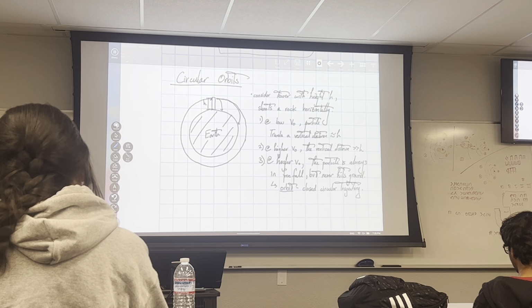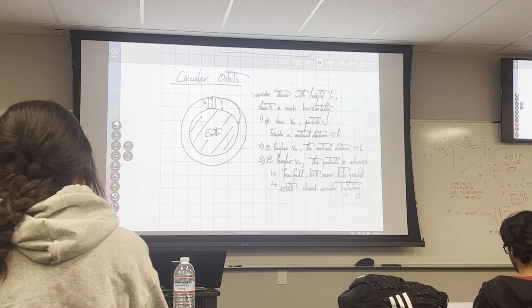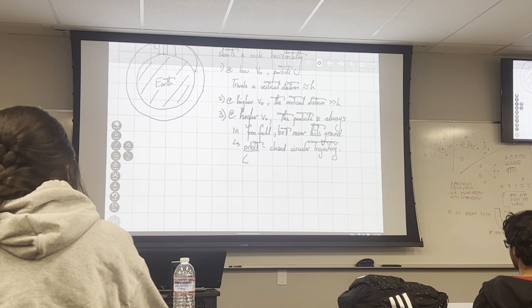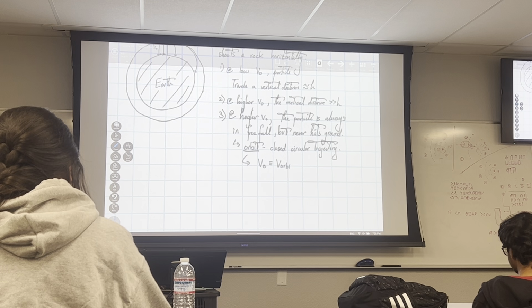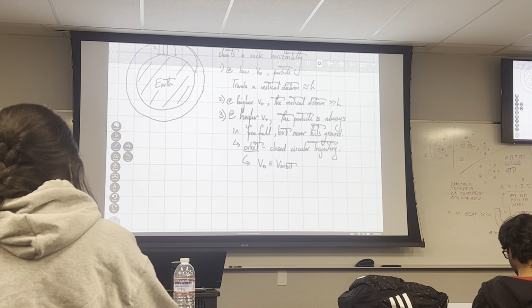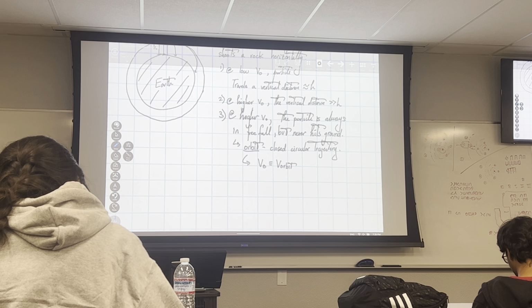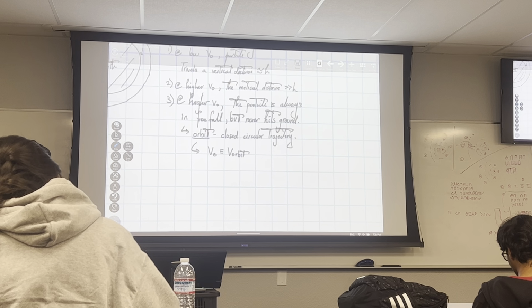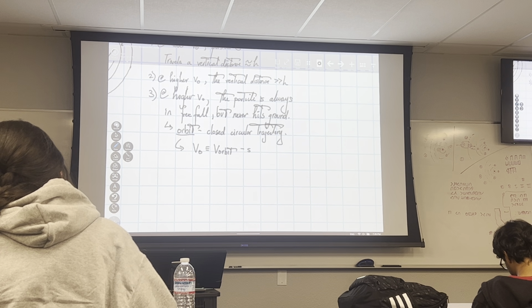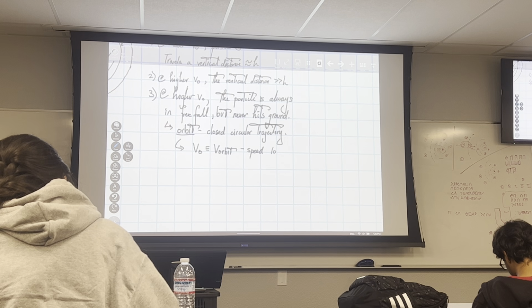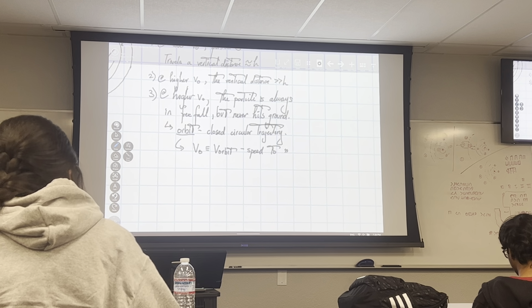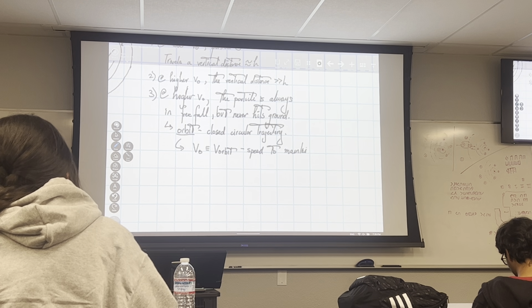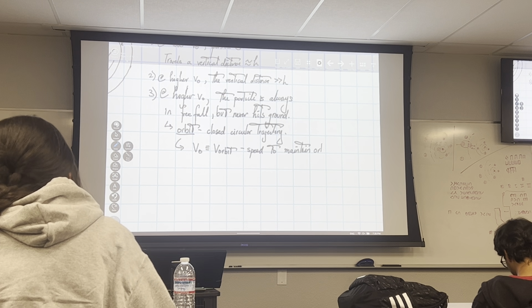There is no defined point, and that is what is called an orbit. And at this speed, the v naught is defined to be what is called the orbital speed. That is the speed to maintain orbit.